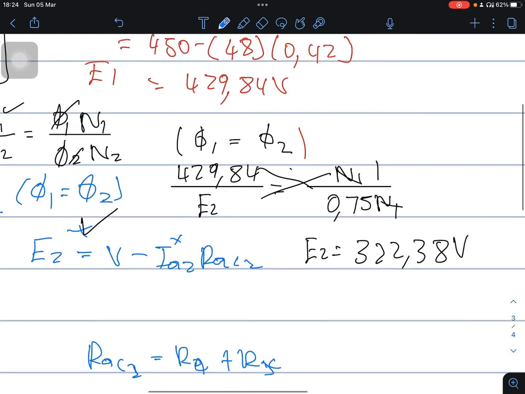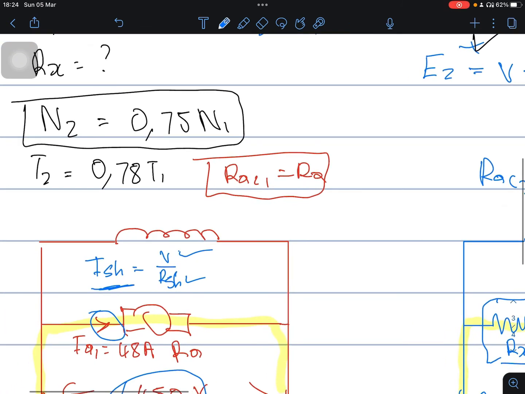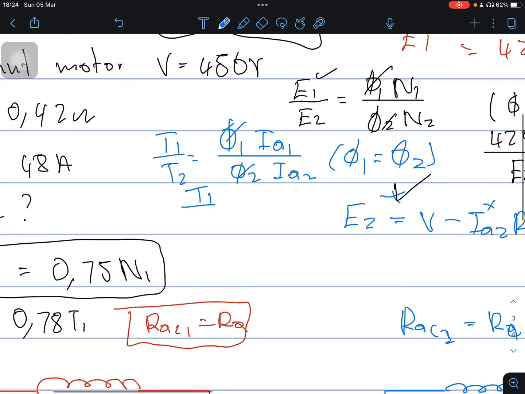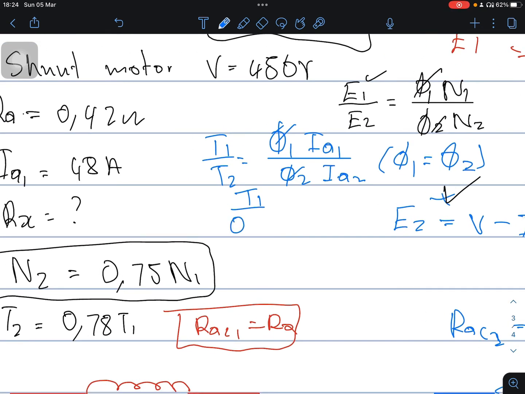So let's calculate IA2. T1 over T2, where T2 is 0.75 T1.